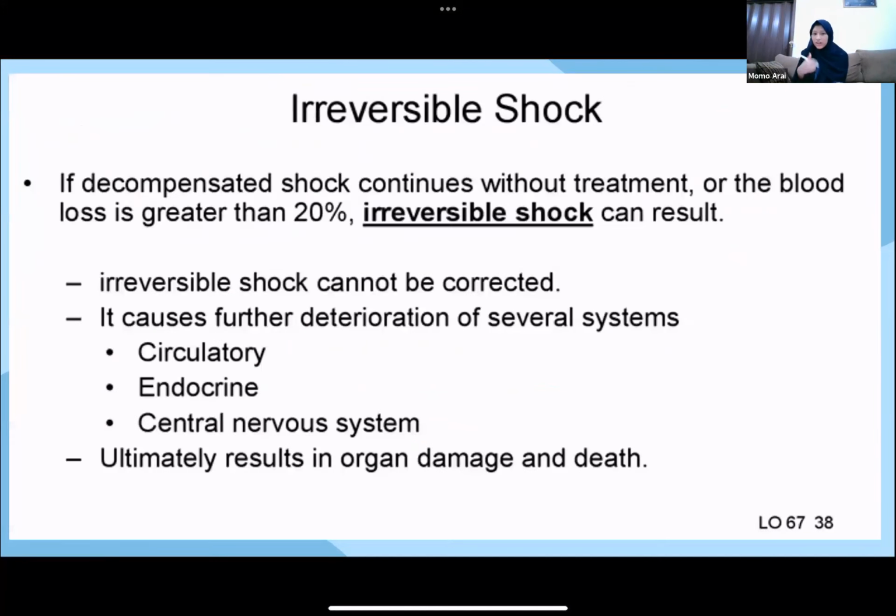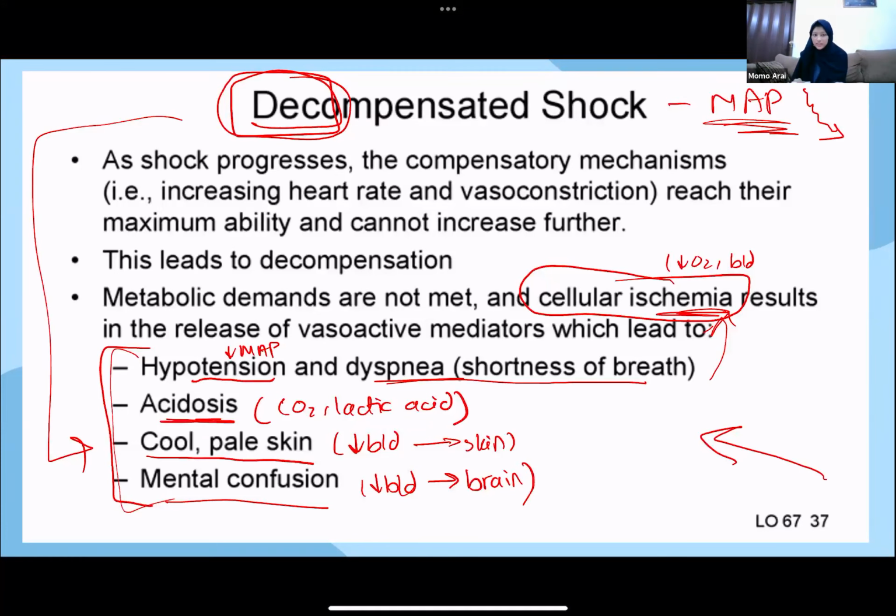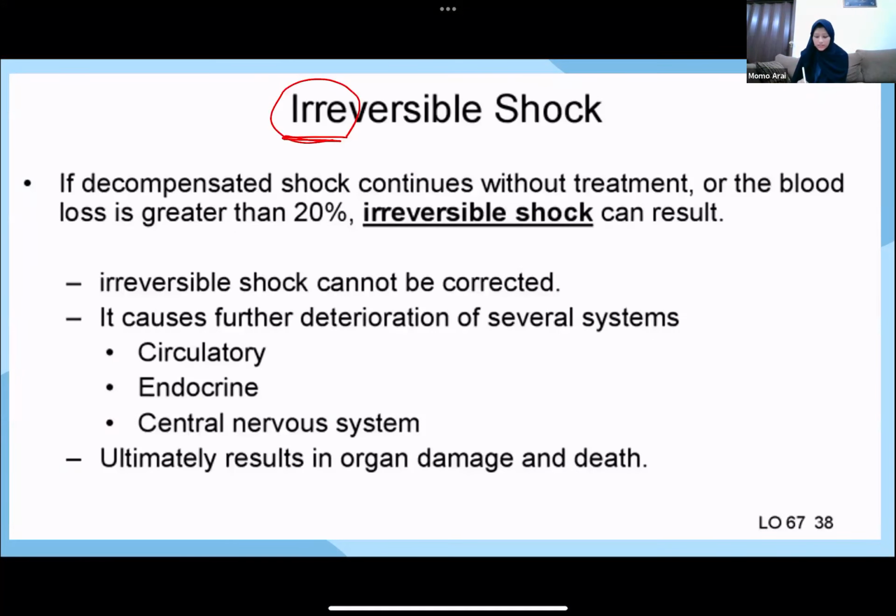But if the shock keeps getting worse from decompensated and you're not giving them enough treatment, they go into irreversible shock. Irreversible shock means that no matter how many fluids you give, or how much the body is trying to compensate, it can't go back to normal. So the end result for irreversible shock is organ damage and death. All these systems fail and the person will die. There's no way you can prevent that.